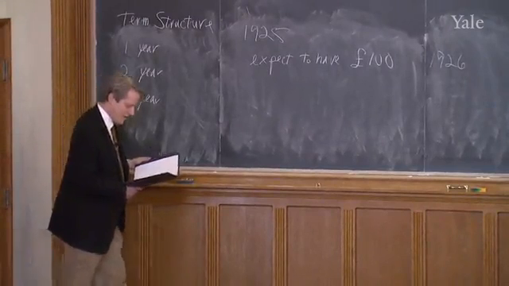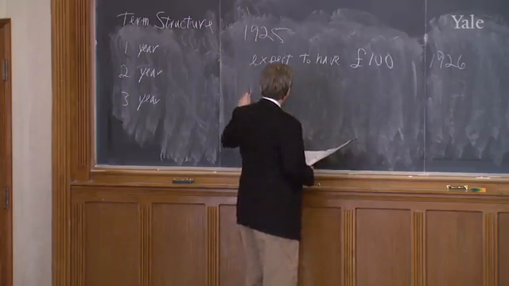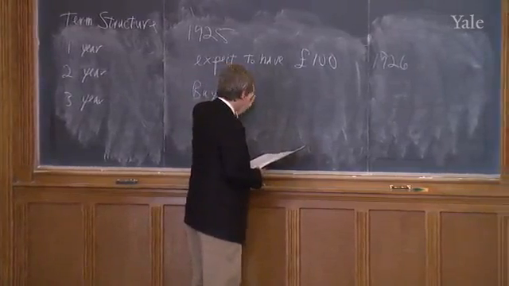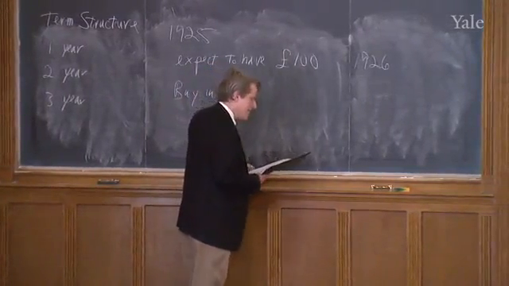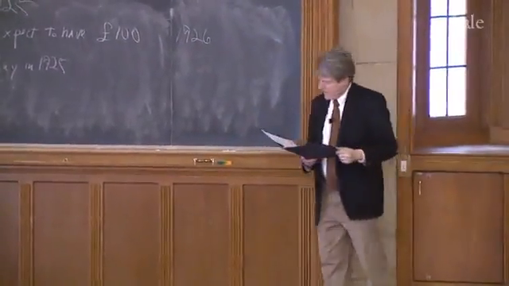So here's what I want to do. This is what they were discussing at coffee hour. Buy in 1925 2-year bonds in an amount. You've got to buy the amount right.